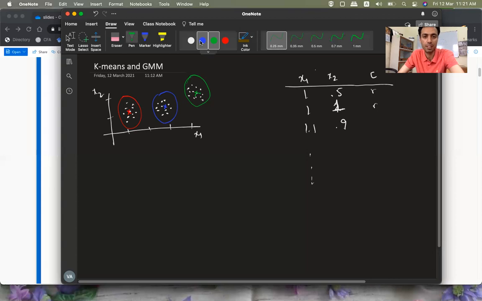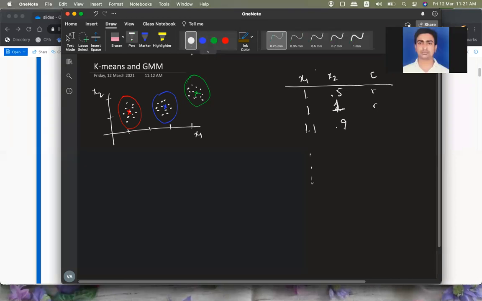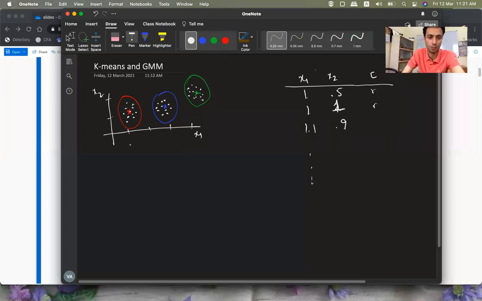So the parameters for this model, how many parameters are there for this model? One, this centroid. Let me write it. So one is this mu vector. One is this blue mu vector, and this is this mu vector.